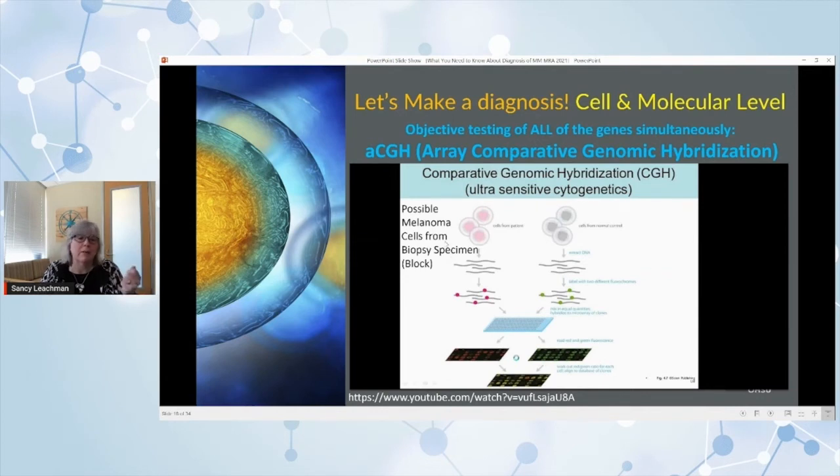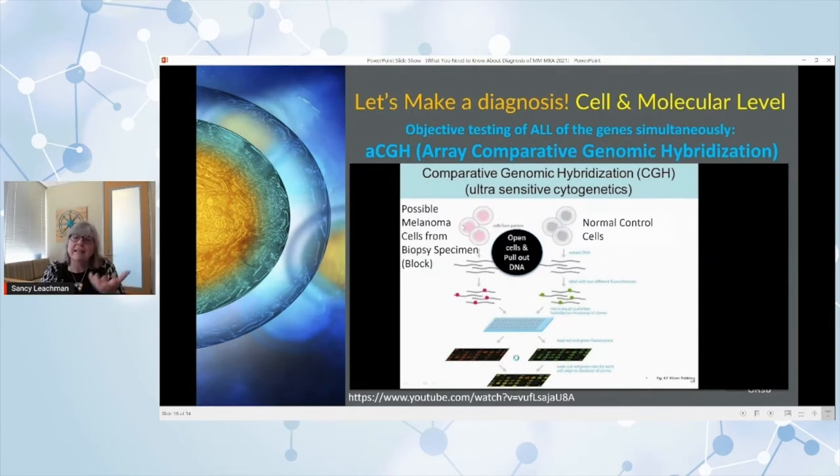It's a possible melanoma. So what you do is you take the tissue block, the biopsy that's been done, and you take some cells out. And you take similarly some normal control cells that are just standard normal DNA. And what you do is you break open the cells and extract and purify the DNA out of those cells.